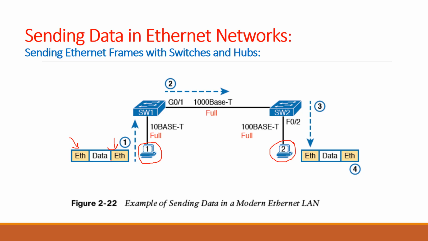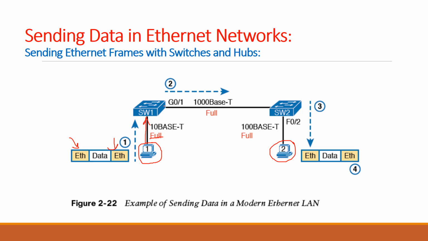And as we mentioned, the MAC address is a 12 hex digit number. So PC1 encapsulates the frame with the sender and destination MAC addresses and sends it to switch 1. And the link is full duplex because it can send and receive at the same time, because modern switches use the full duplex concept.